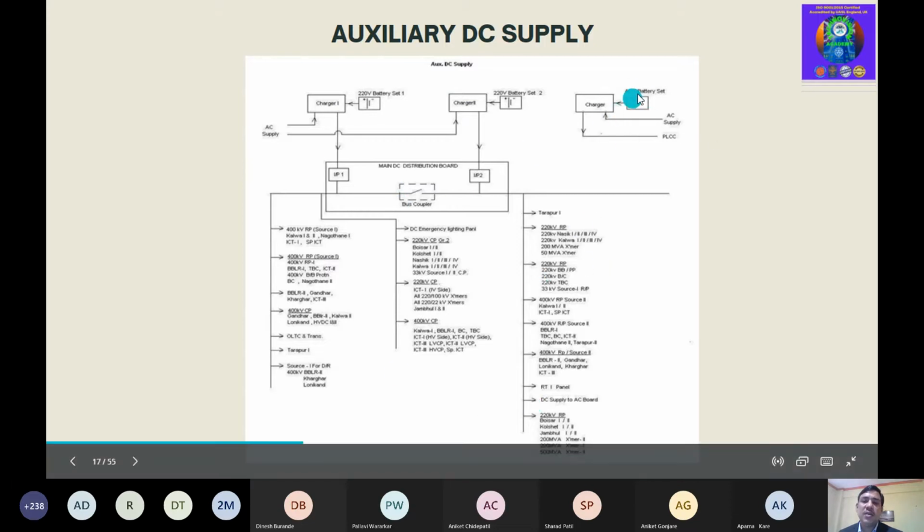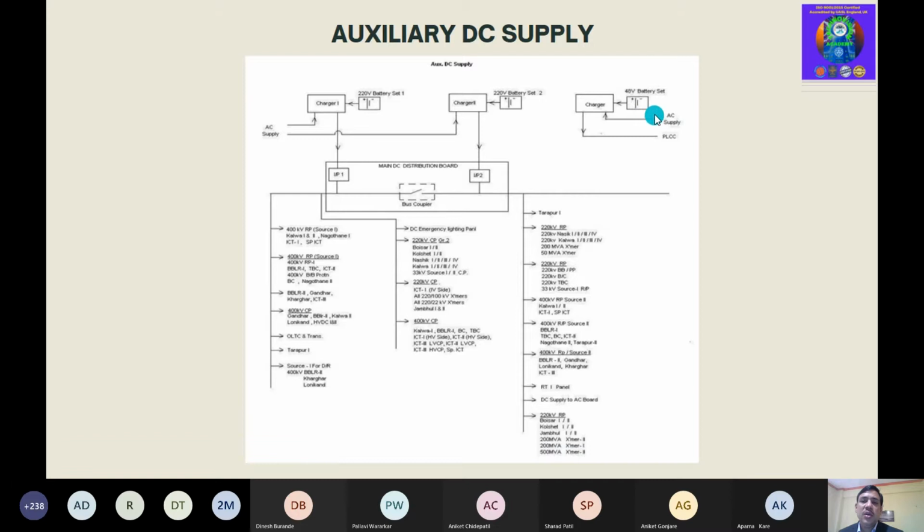And for the communication, you will have a 48-volt battery charger, which you use for voice communication as well as data transfer, and for other systems, like the SCADA system also. And here 220-volt is used for the control and protection.